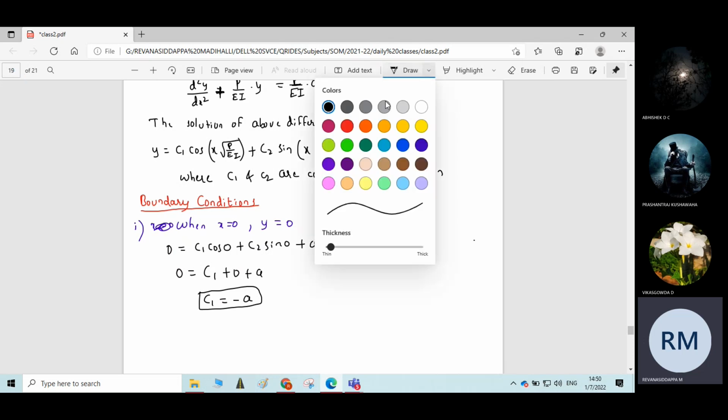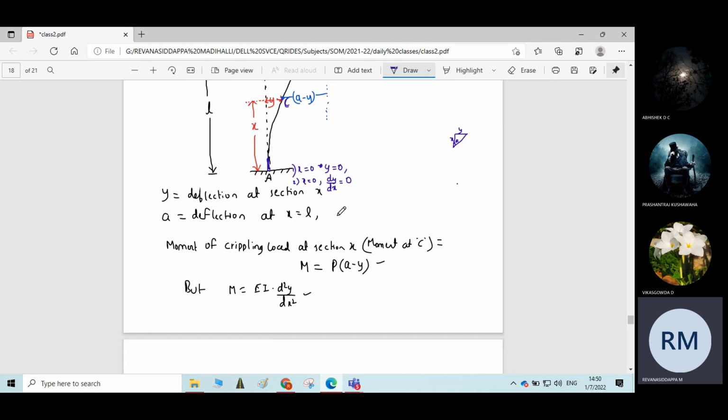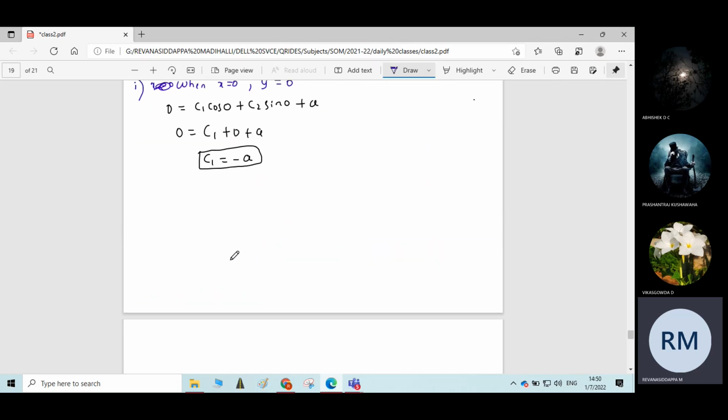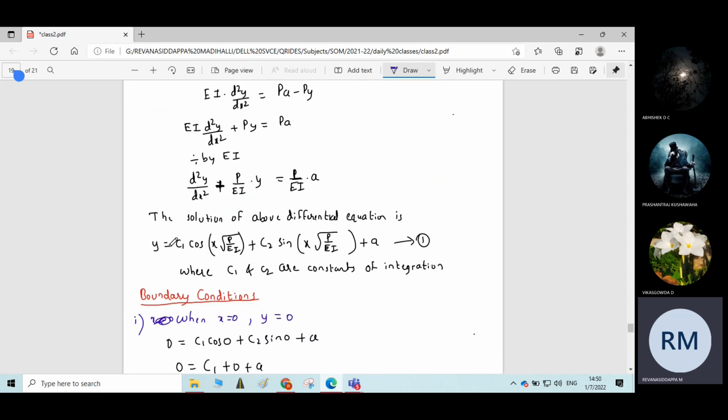Coming to the second condition, what is the second condition, students? When x equal to 0, dy by dx equal to 0. Dy by dx means differentiation of the equation with respect to x.